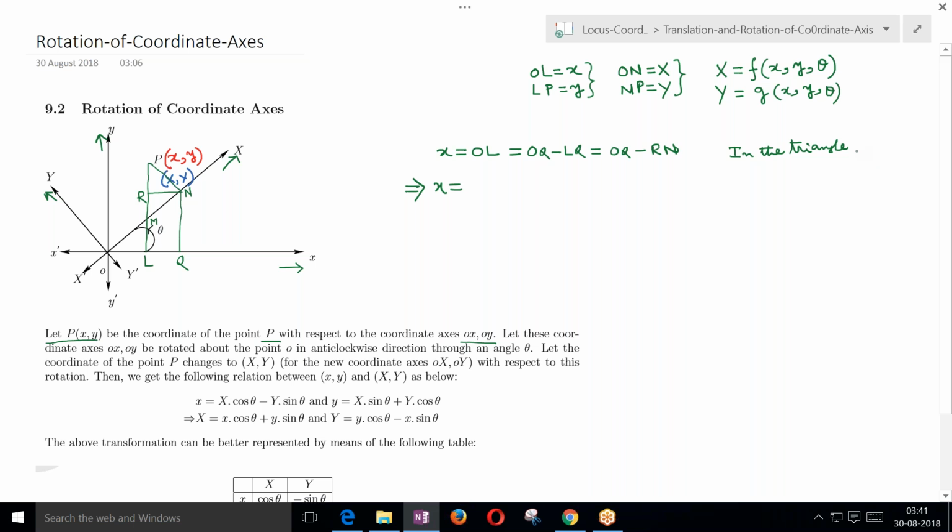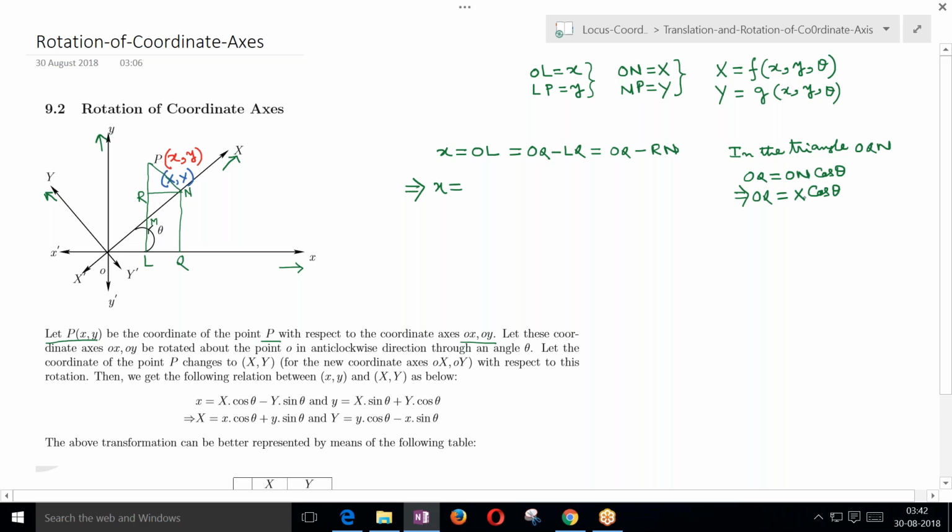OQ is equal to ON cos theta. That implies OQ is equal to ON, which is nothing but capital X, cos theta. So we found capital X cos theta.